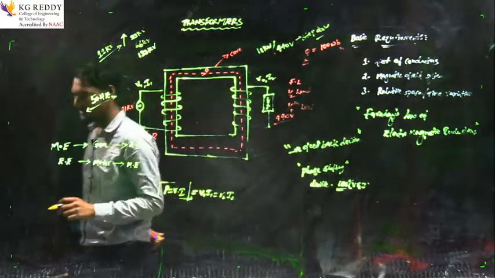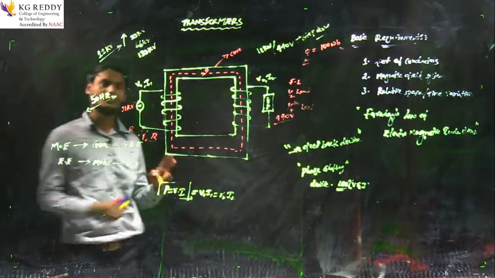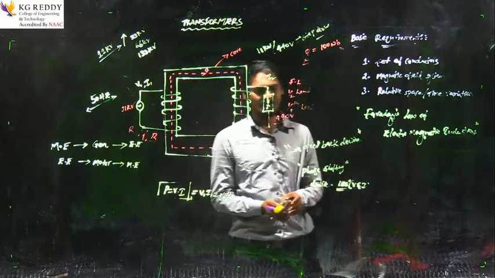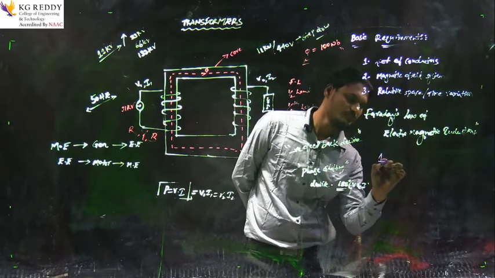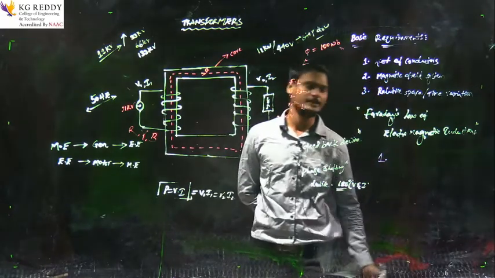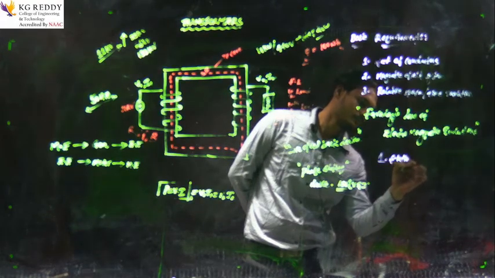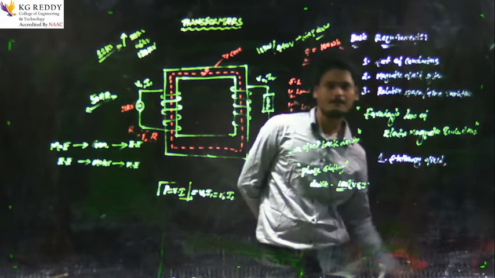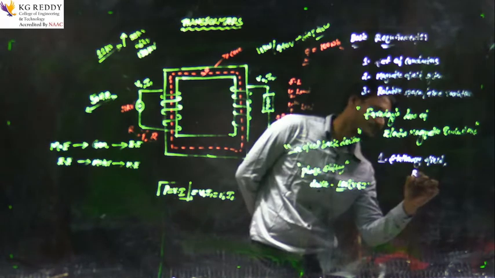Right? So basically there are two configurations. What are the two configurations here? The first configuration will be stationary field, rotating conductors.